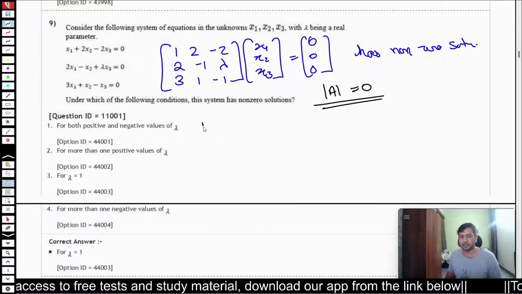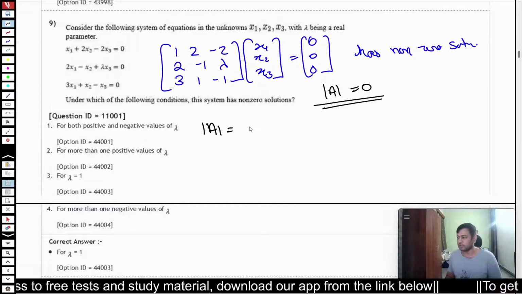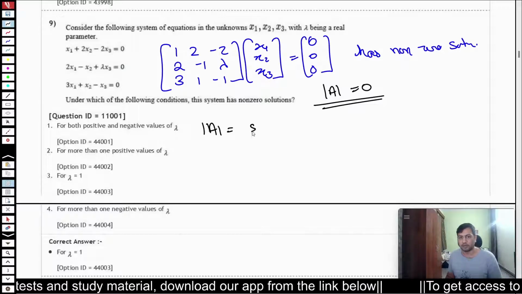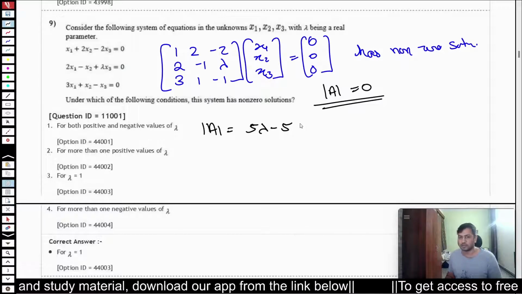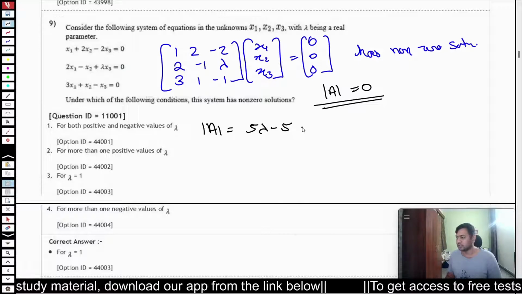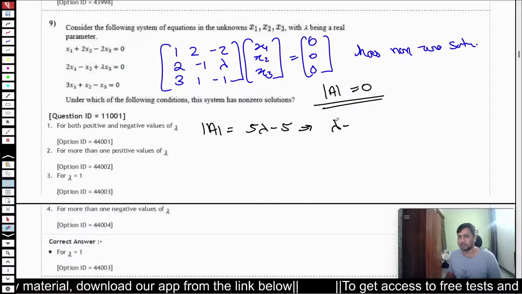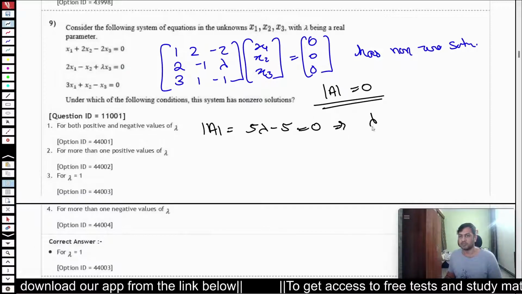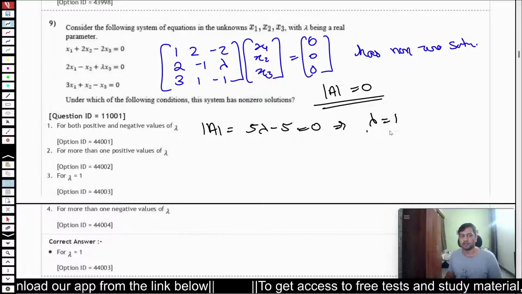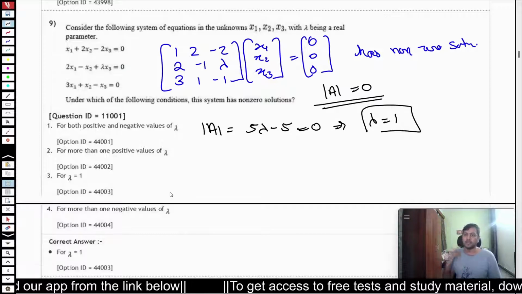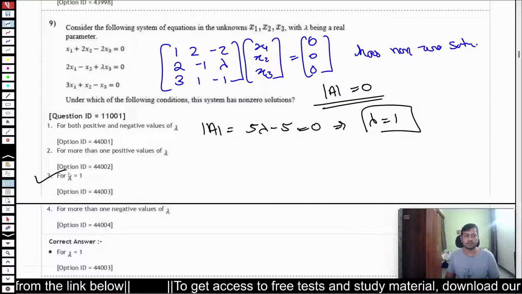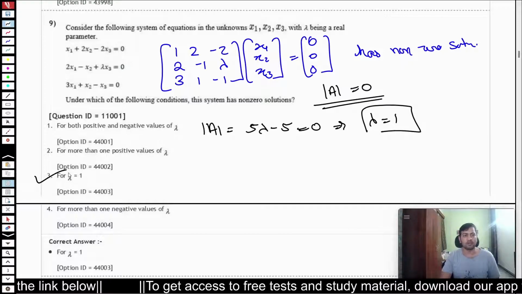So let's find the determinant of A. The determinant of A will be equal to 5 lambda minus 5. You can solve this, you know how to find a determinant. Which implies lambda must be equal to 1. So for lambda equals 1, determinant A becomes 0, which implies that this system has non-zero solutions. So that's your correct answer, lambda equals 1.